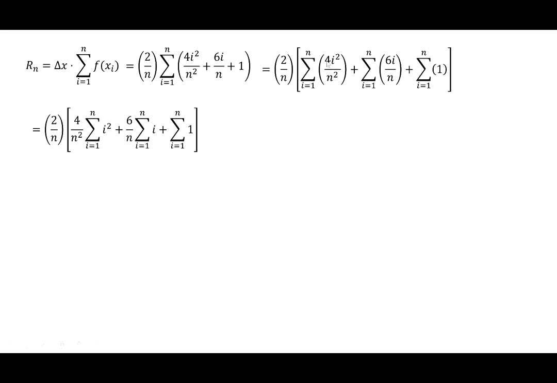4 is clearly a constant. I'm claiming that n square is also a constant in this context. But I thought n can be variable, man. Yes, it is true. That's why I was careful in saying that in this context. What's the context? The context is where we are taking the sum as i changes from 1 to n. i is the one that is changing. That does not affect n. So that's why n square can be treated as a constant. So 4 over n square is what's called a constant multiple.